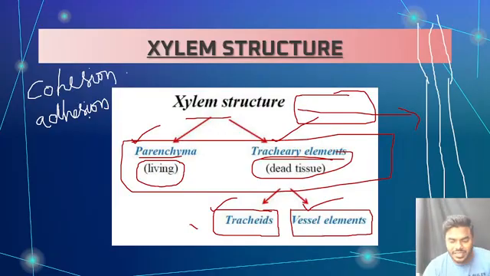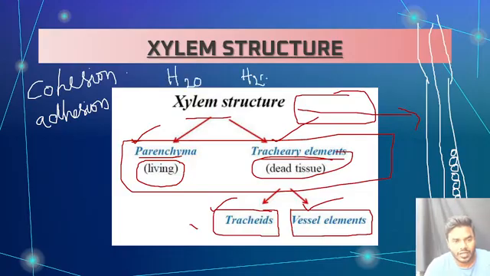Friends, imagine the same mechanism here. Just replace the straw with the xylem. So in the xylem, one water molecule can be associated with another water molecule like this. By what mechanism? Cohesion. How, friends? This is one water molecule, this is another water molecule. So what is the linkage, friends? OH.